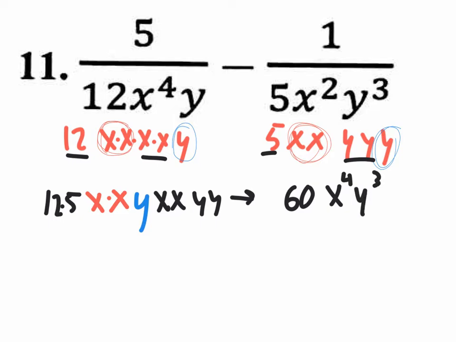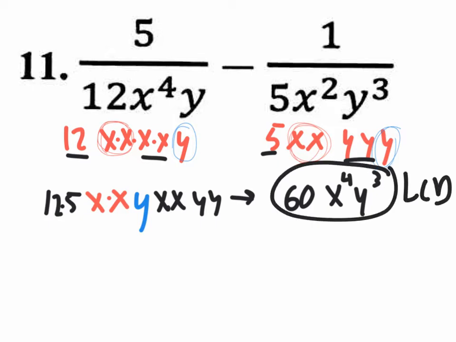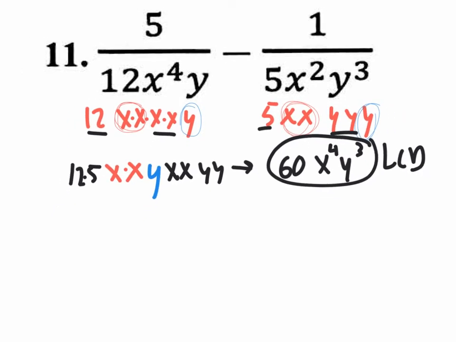That's your LCD. Okay, so once you know that this is your LCD, you're going to rewrite your fractions with that LCD. So your first fraction minus your second fraction, and you're going to have the 60x to the 4th, y to the 3rd as a denominator of both.